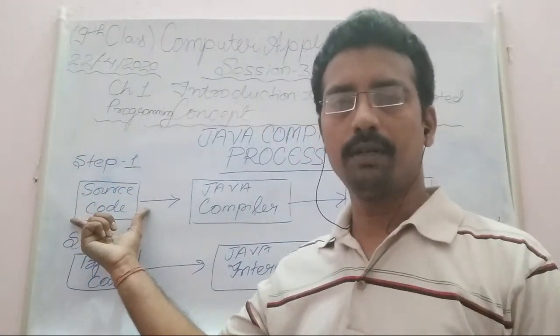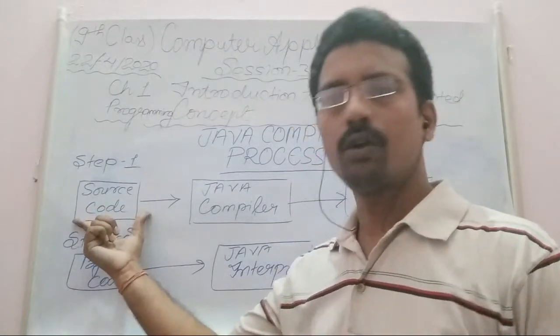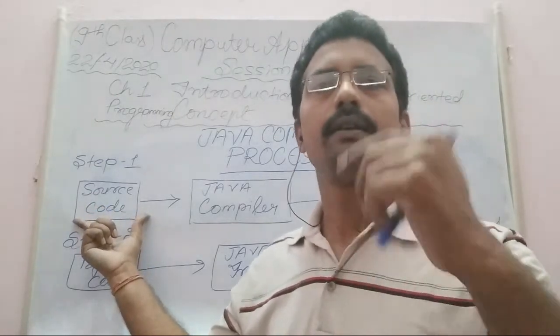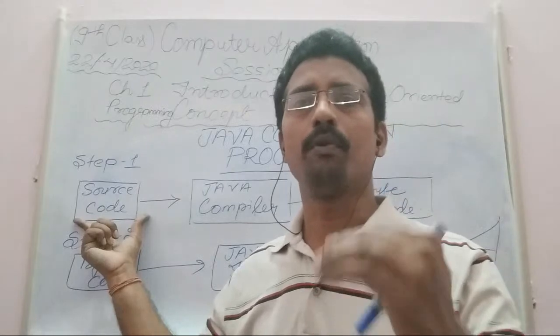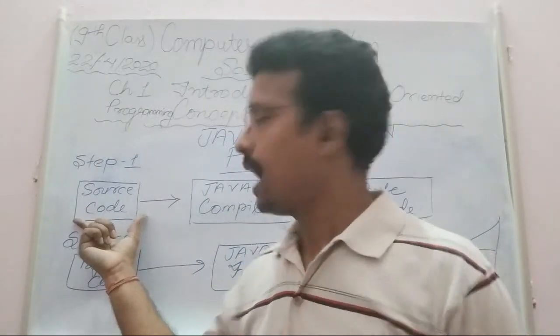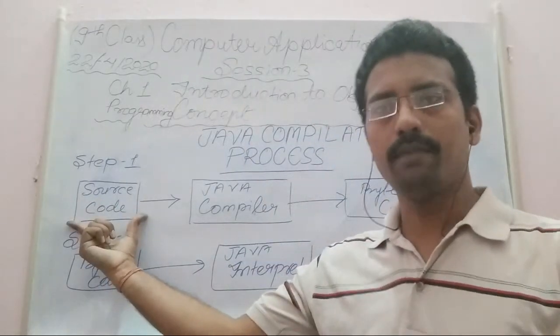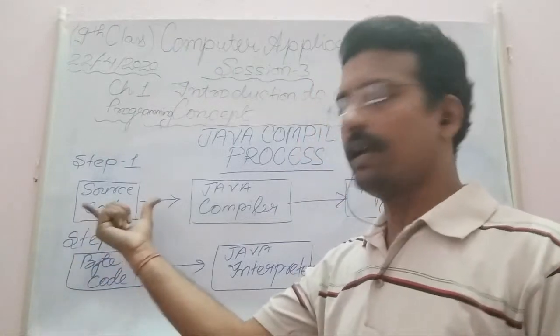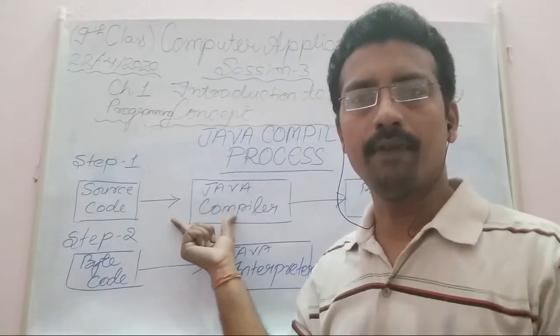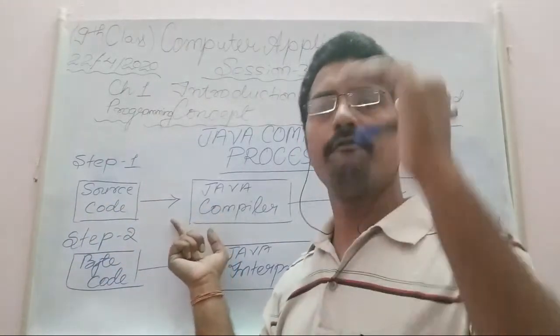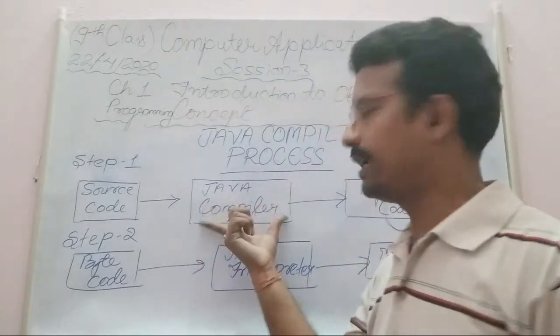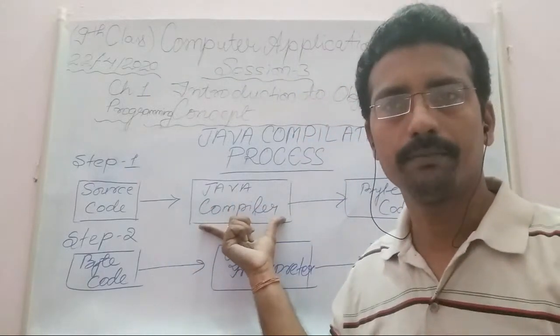A programmer writes a Java code which is called source code, means a program in Java. After writing this program, when it is given to the Java environment, this program first goes to the context of the Java compiler.